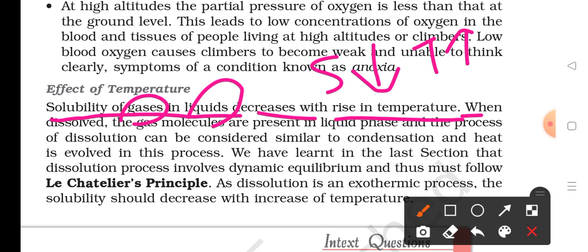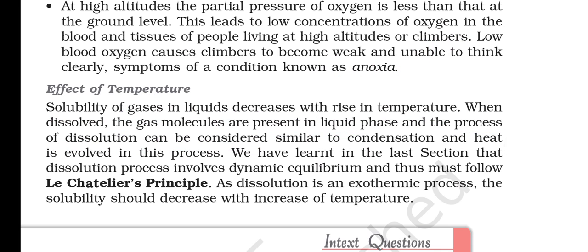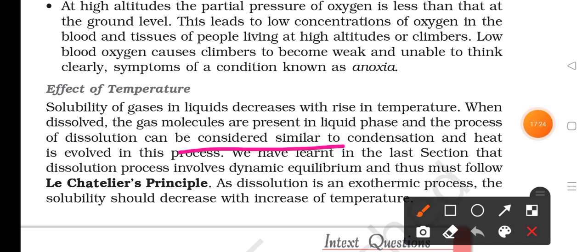Okay, so when dissolved, the gas molecules are present in the liquid phase, and the process of dissolution can be considered similar to condensation, and heat is evolved. That means it's an exothermic reaction.